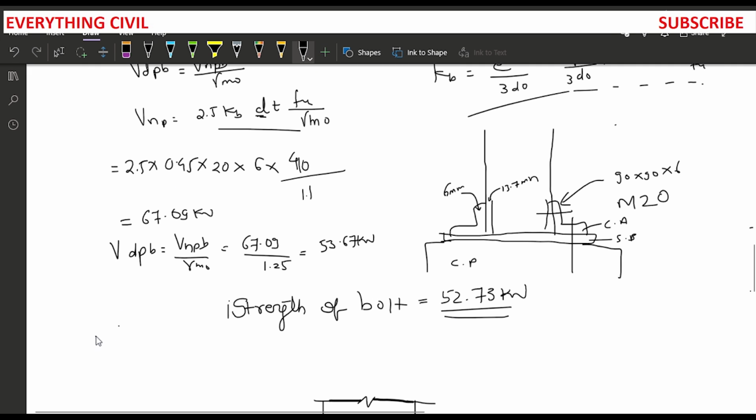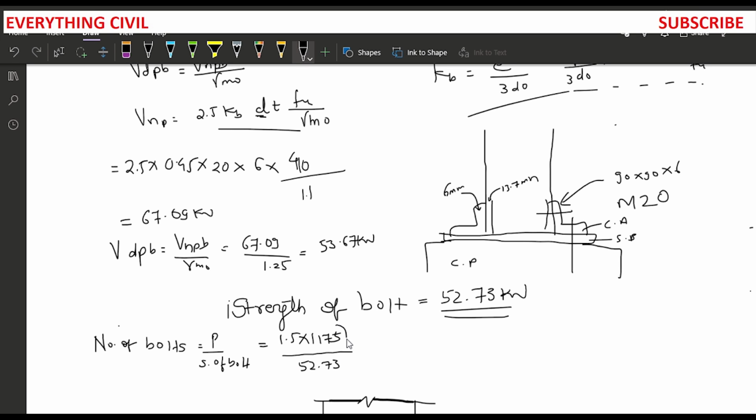Now on the basis of this strength, we will decide how many bolts we need to provide. The number of bolts will be given by the load on the column, that is P, divided by the strength of a bolt. Our load was 1.5 times 1175, divided by the strength of a single bolt, that is 52.73.